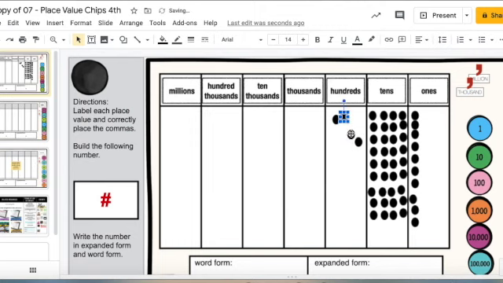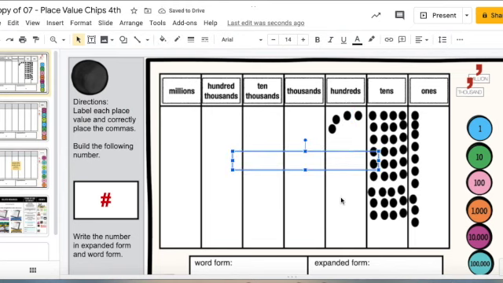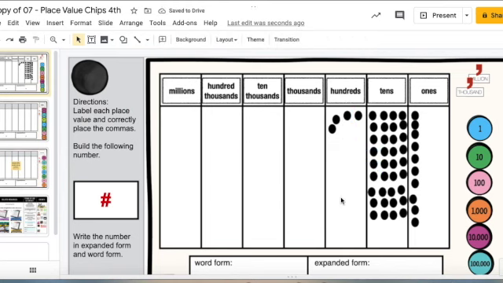Because remember, I'm changing 10 of these, and I'm moving to the left on the place value chart. I'm changing 10 10s for 100. And if I have 40 10s, that means there's 4 rows of 10. That means there's 4 hundreds. Or 10 times 4 10s equals 40 10s equals 4 hundreds.